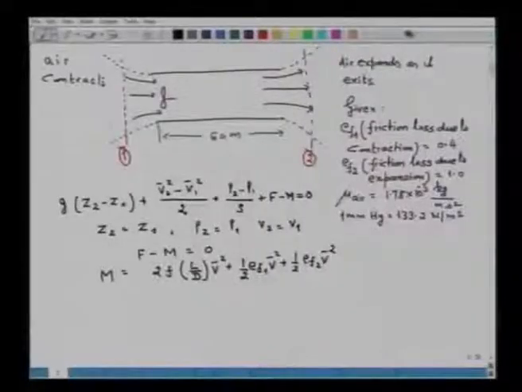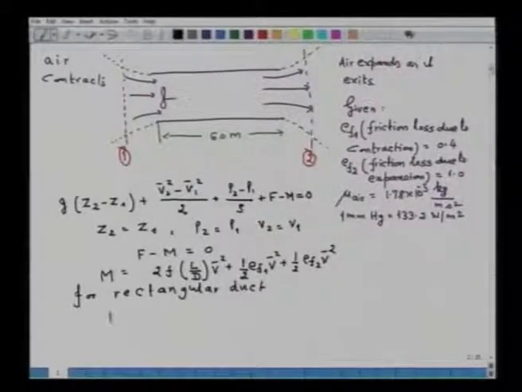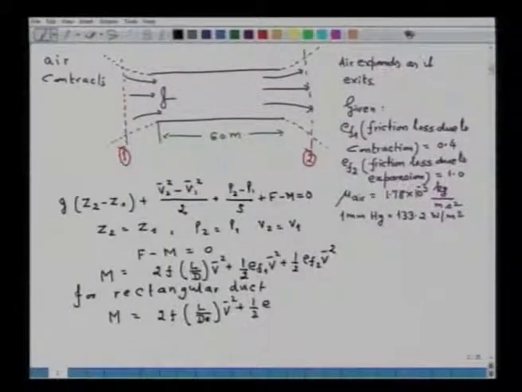So, for a rectangular duct, we can write down M equal to 2f L upon DE, where DE is the equivalent diameter, V bar square plus half EF1 V bar square plus half EF2 V bar square.